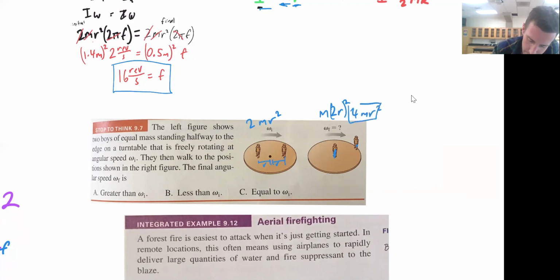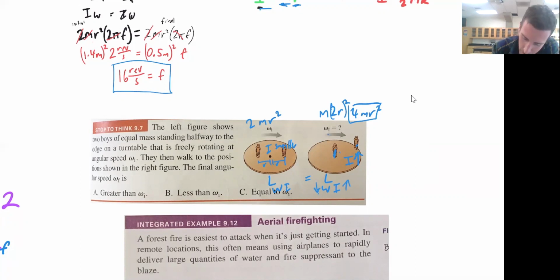So this one out here has a bigger moment of inertia, which means this one has a smaller I. This one, I is bigger. And if L has to equal L, and L equals I omega, got those backwards, as this I gets bigger, this omega has to get smaller.